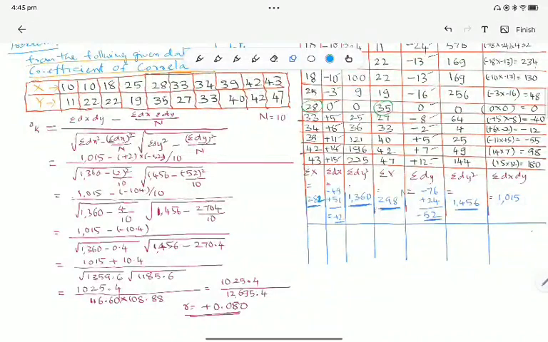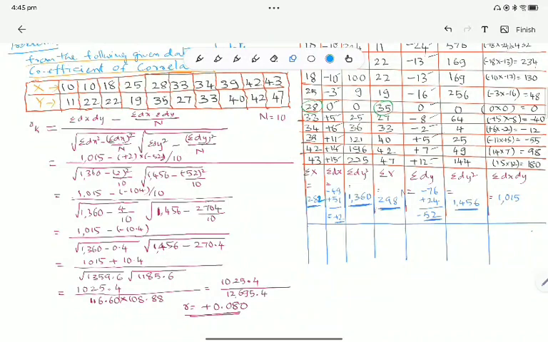Here n is equal to the number of pairs, the number of observations in each series, or otherwise the number of pairs given in the problem. So n is equal to 10. So write down and substitute as it is here.